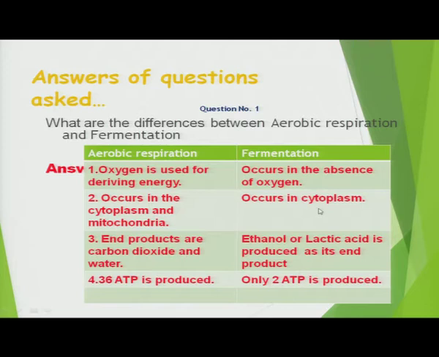Fermentation only takes place in the cytoplasm. The result of aerobic respiration is carbon dioxide and water. The result of fermentation is ethanol or lactic acid, depending on where it occurs, either in muscle cells, yeast or bacteria. Aerobic respiration produces 36 or 38 ATP, while fermentation produces only 2 ATP.